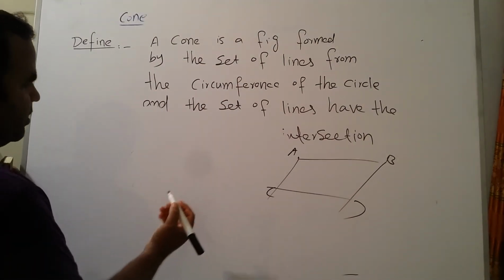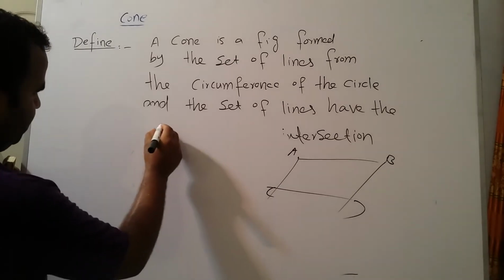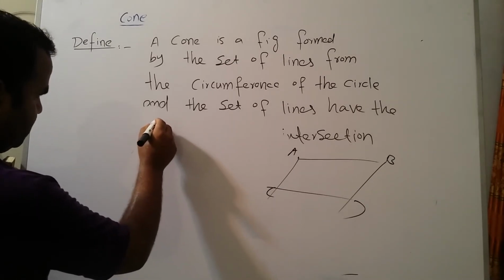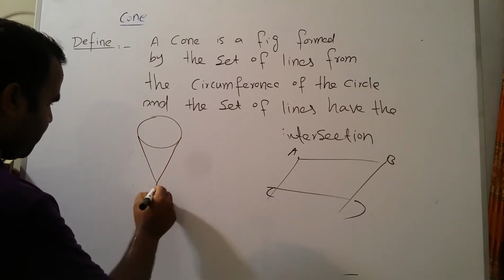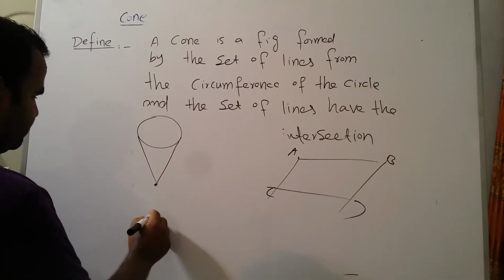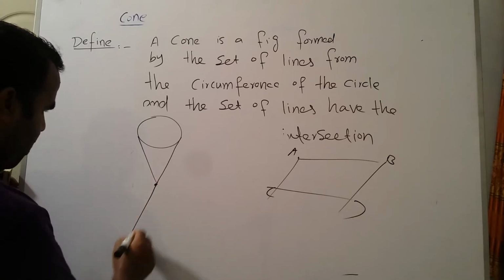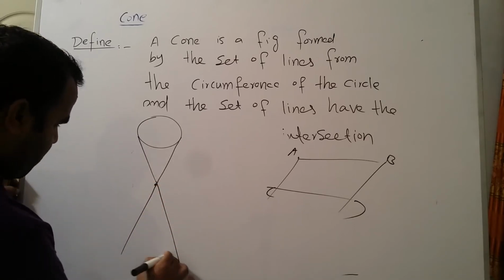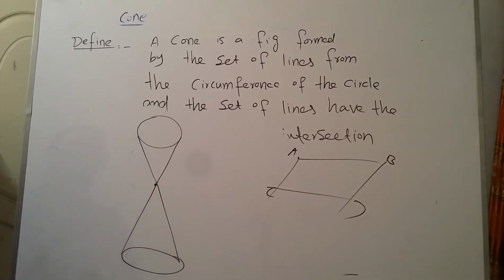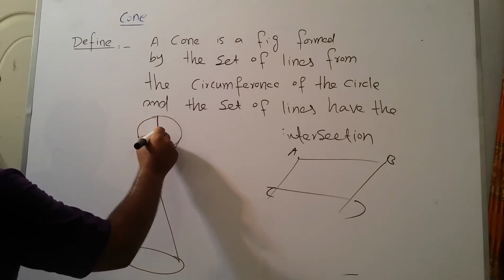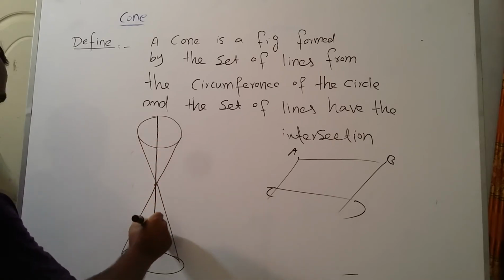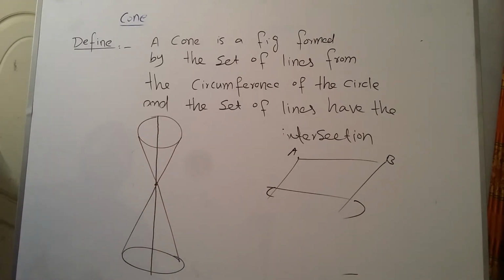In a parabola we use a single nap, and in a hyperbola a double nap, just like this. Of course this line is called the axis of the cone.